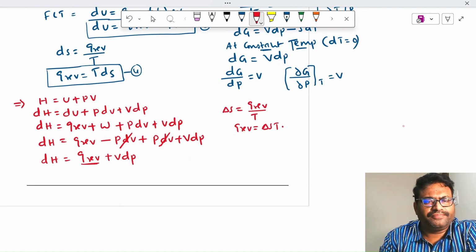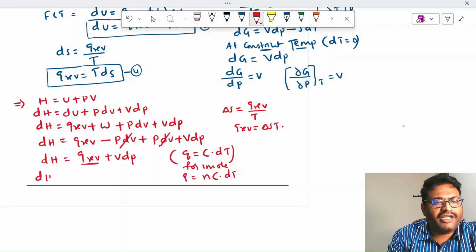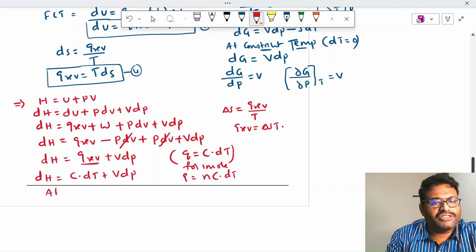We know that Q is equal to C into dT for 1 mole. Because Q is equal to nC into dT. As n is equal to 1 mole, I can write Q is equal to C into dT. So I can write dH is equal to C into dT plus V into dP at constant pressure.